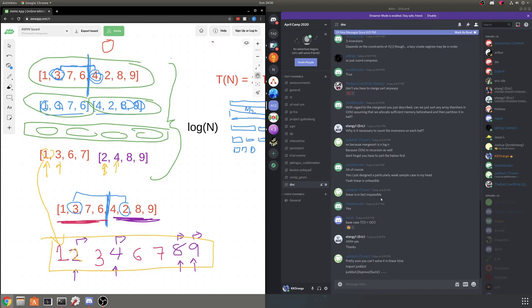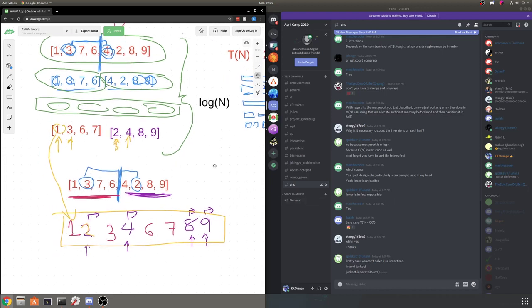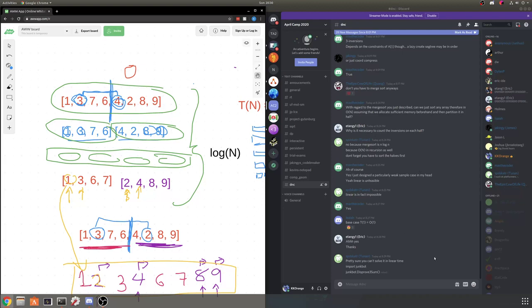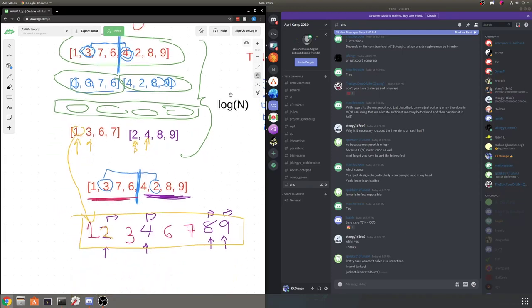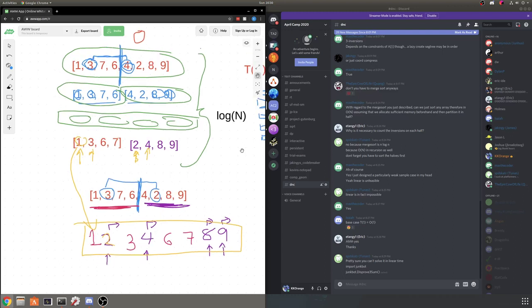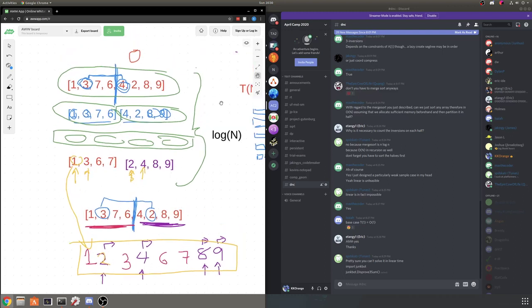Oh, you said linear is in fact impossible. Okay, in which case I'm not confused anymore. Alright, hopefully no one else is confused, and everyone understands this problem entirely, in which case I'll move on to the next problem.